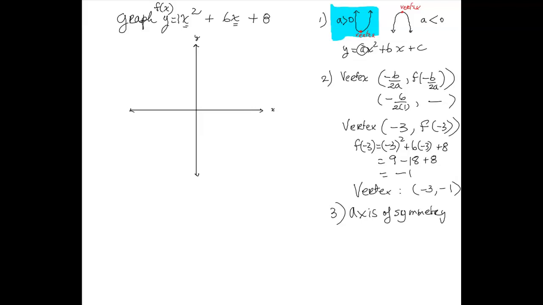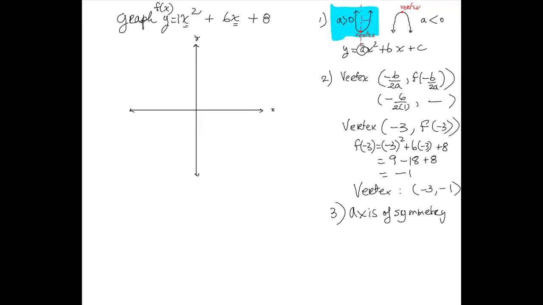So the vertex, since it's the lowest point, shows that on both sides of the vertex, those are equal parts. So here, I'm just going to put it through the vertex. It's a dashed line.